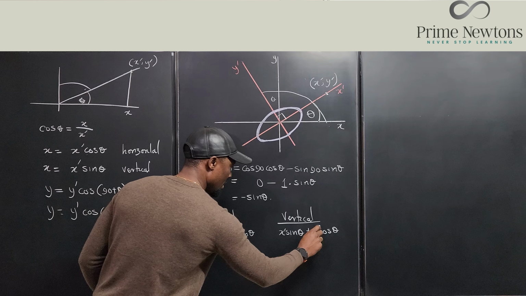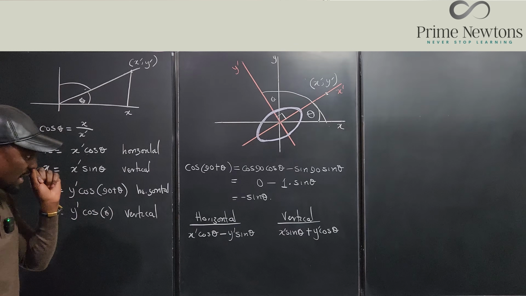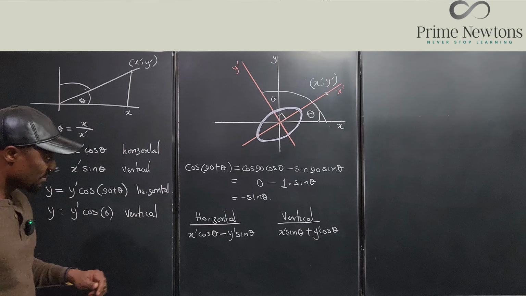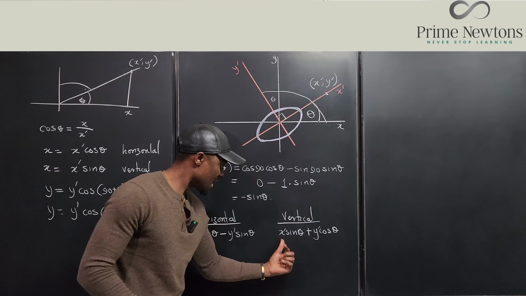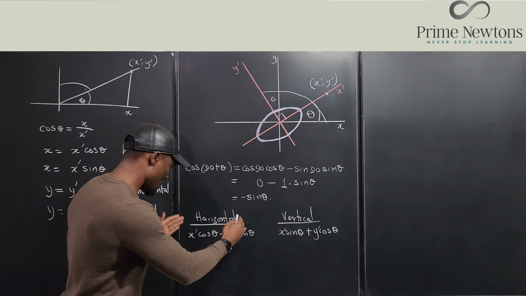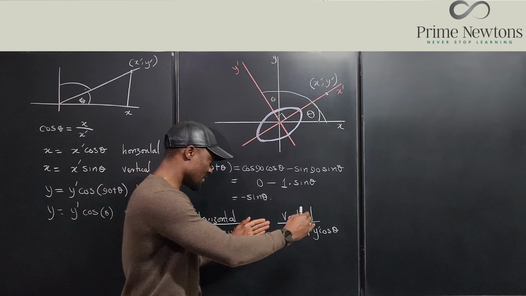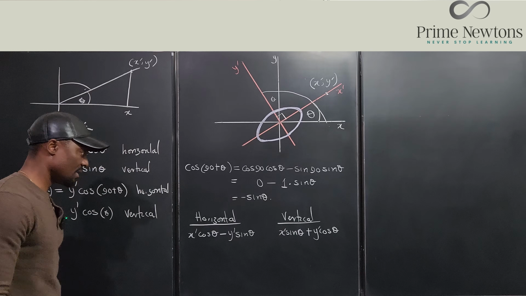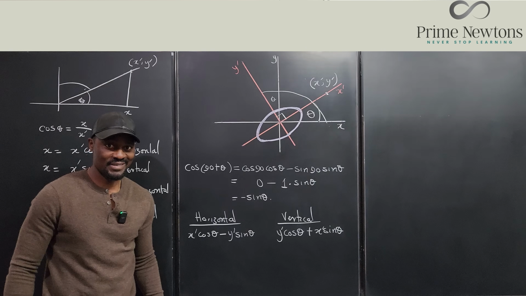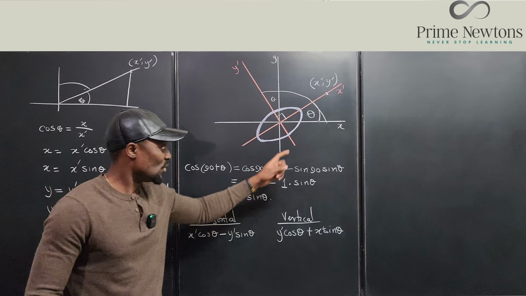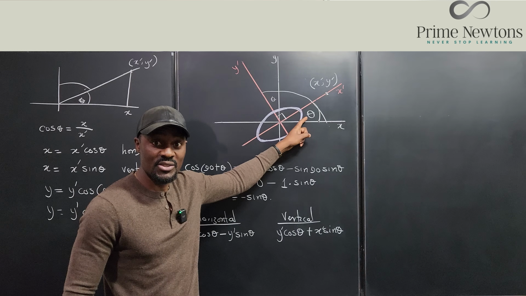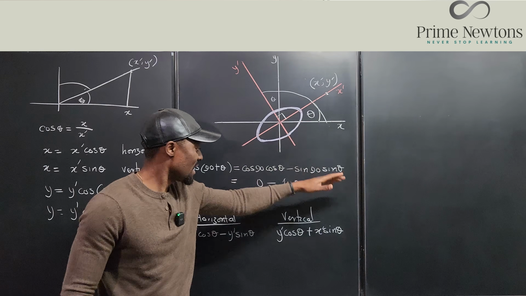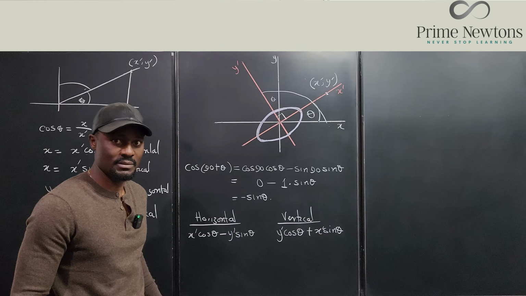It's prime. Nice. I would have loved to switch the positions of y and cosine so you know this is the horizontal portion and that is the vertical portion, and it is sine if it is the other one. It's easy to see. That's it. So as long as you know what theta is, we can write the equation of anything.